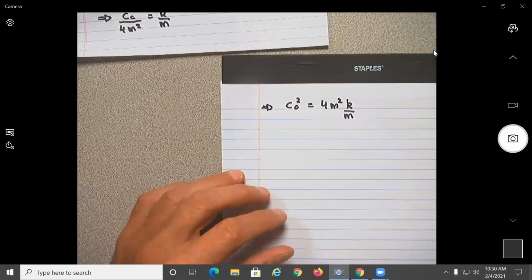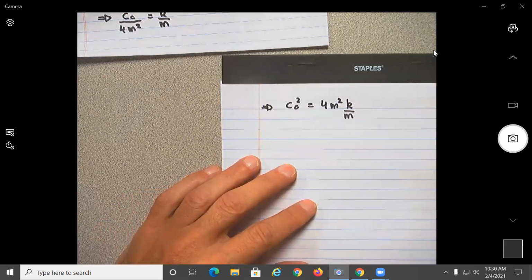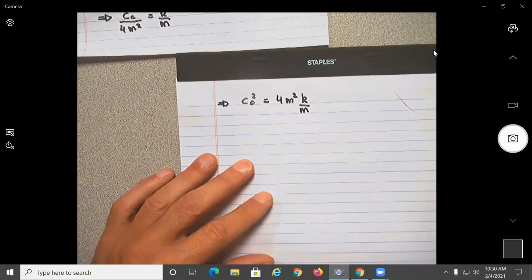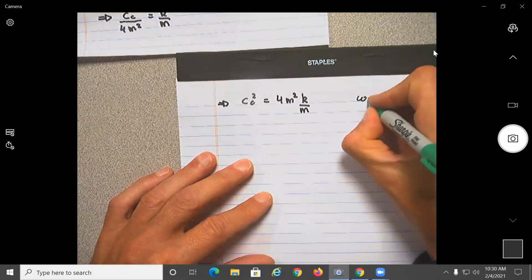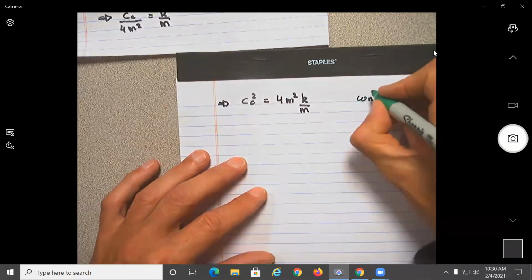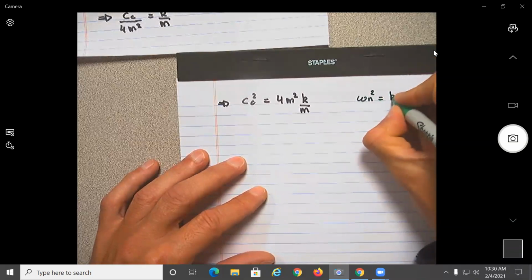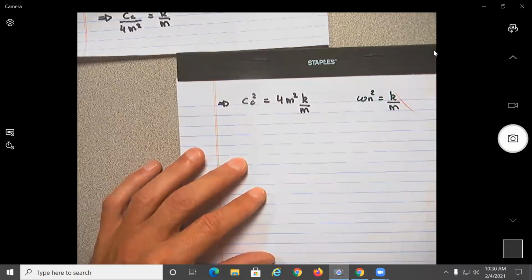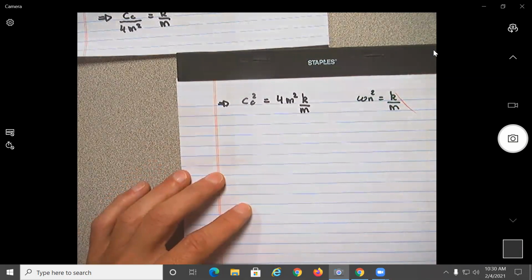And if you remember, omega n squared is equal to K over m.